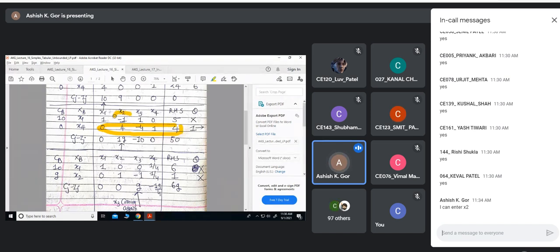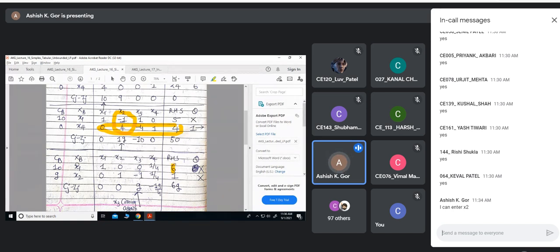This is my key column. If you divide the key row by the pivot, which is 4, it will be 0, 1, minus 1, 1 by 4. And the same way, if you do the operations, I'll get 6 here.